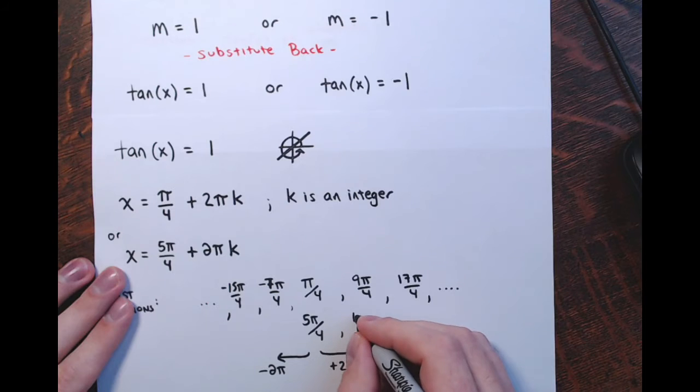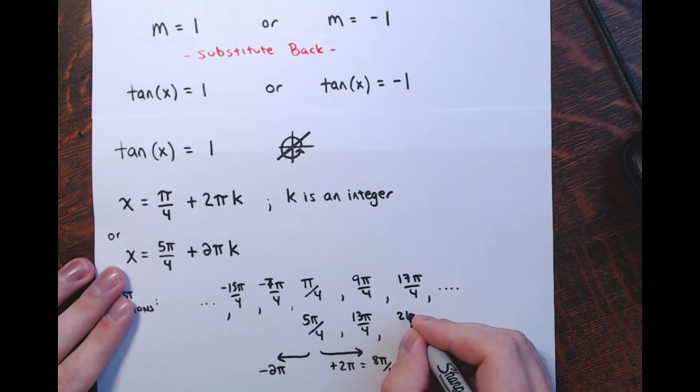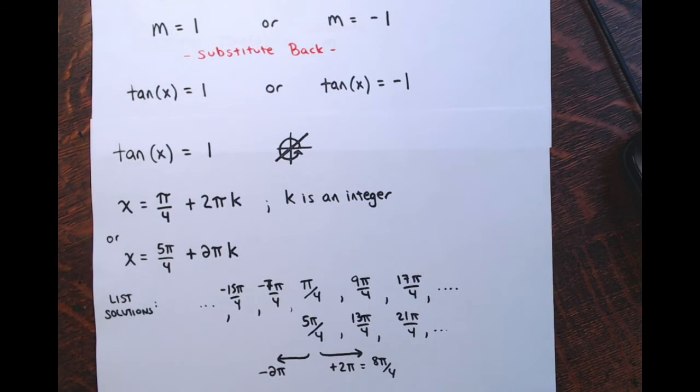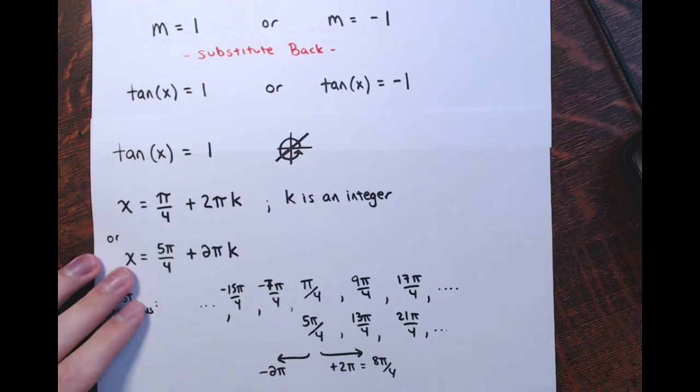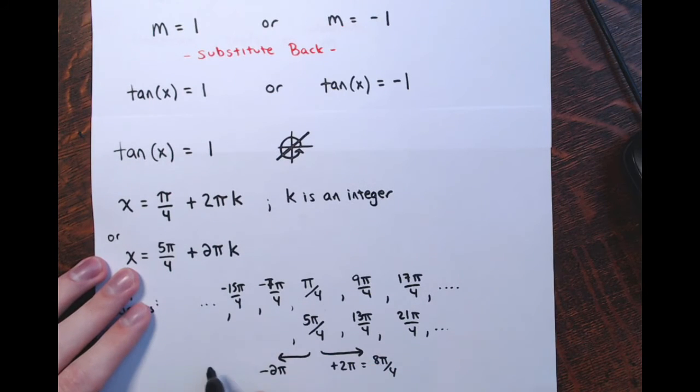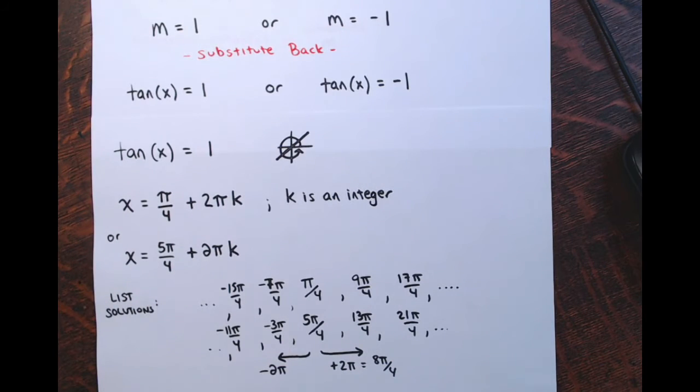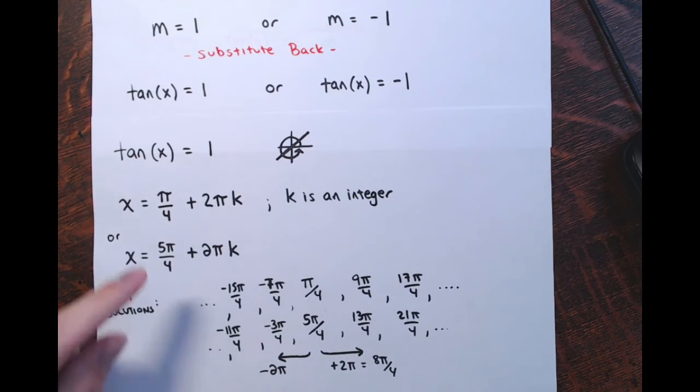That'd be 13 pi over 4, 21 pi over 4, and so on. I'm just listing all sorts of solutions to this first equation. And subtracting 2 pi, negative 3 pi over 4, and again, negative 11 pi over 4, and so on. So I have just listed 10 solutions to this first equation.